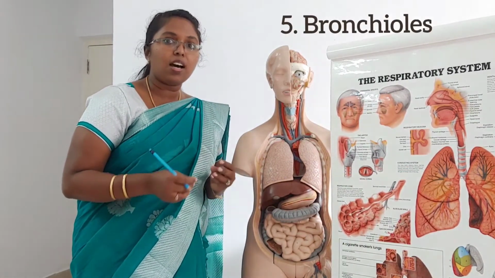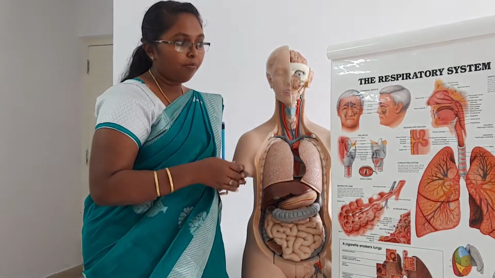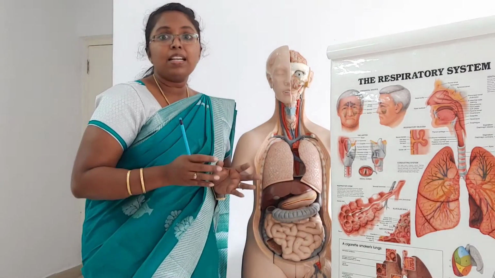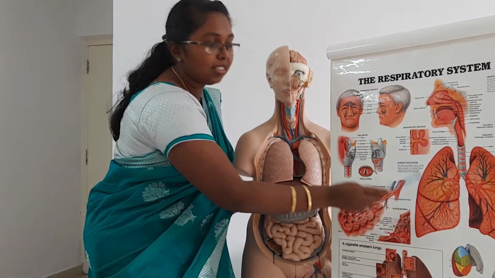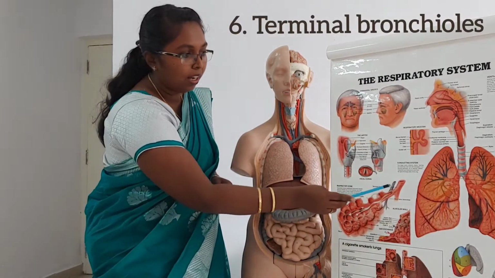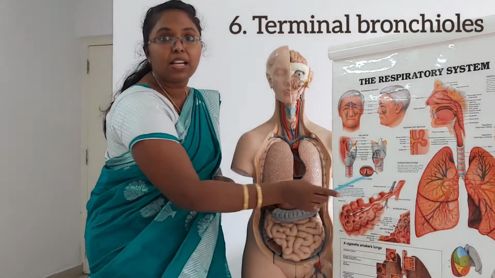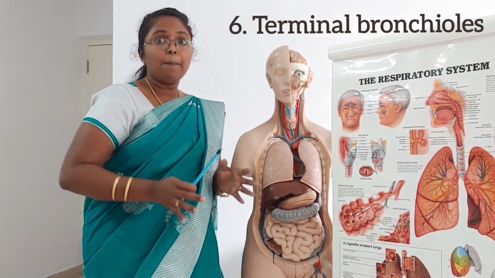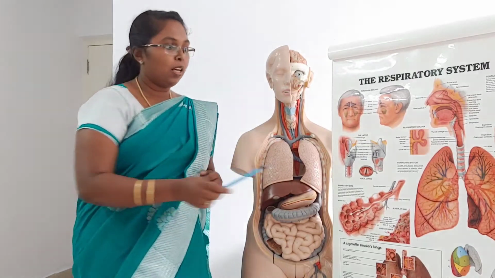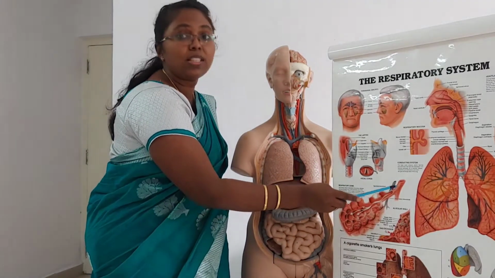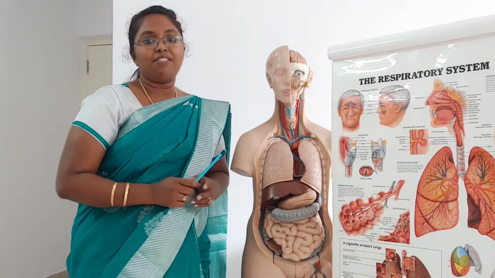Bronchioles are the smaller, thin divisions from the tertiary bronchi. At the end, we have terminal bronchioles. Terminal means end, so before going to the alveoli, we have the terminal bronchioles. At the last, we have alveoli.